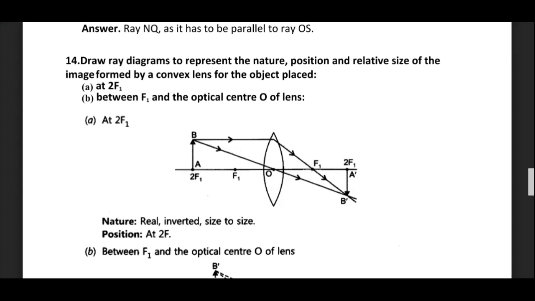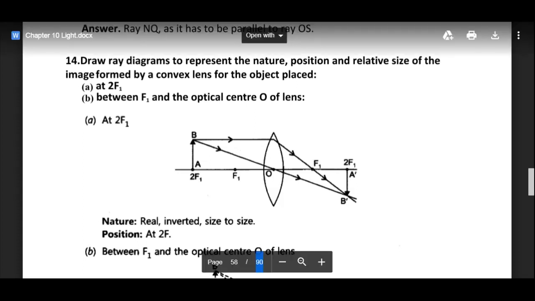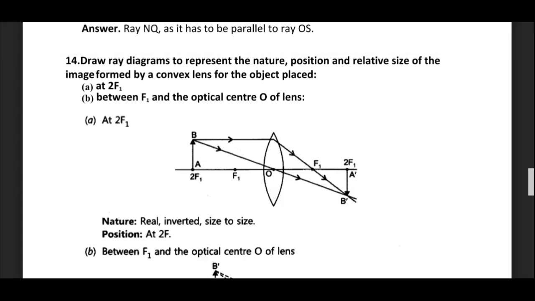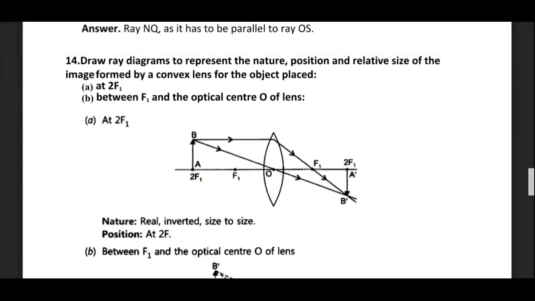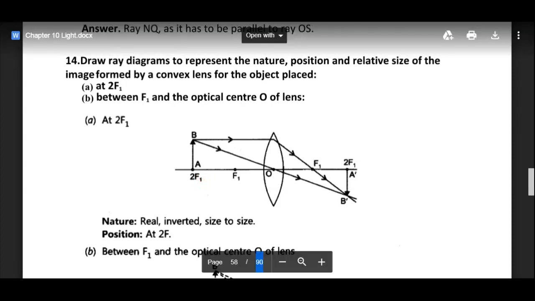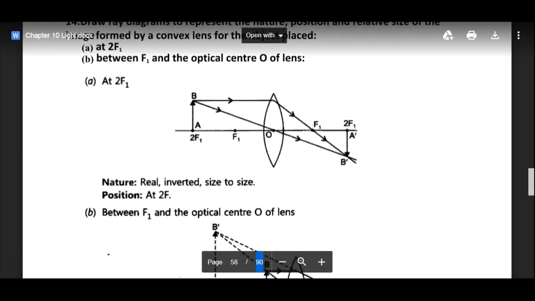Now, draw ray diagrams to represent the nature, position, and relative size of the image formed by a convex lens for the object placed at. First part is at 2F1, that is here, right? So when the object is placed at 2F1, the image will form at 2F2, right? So in this case, what will happen?